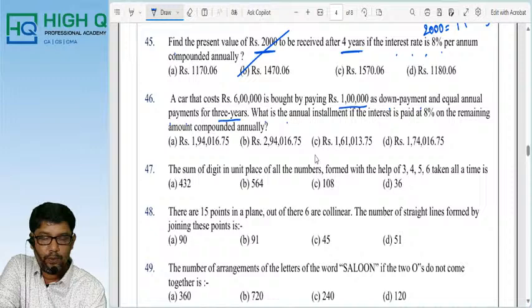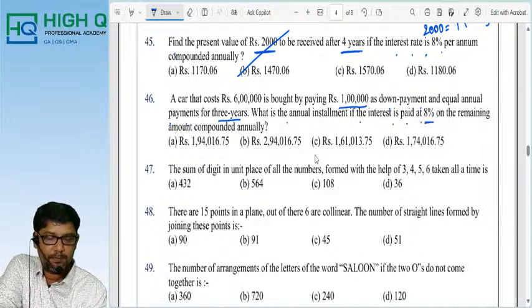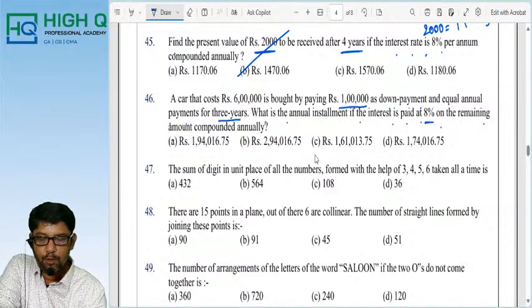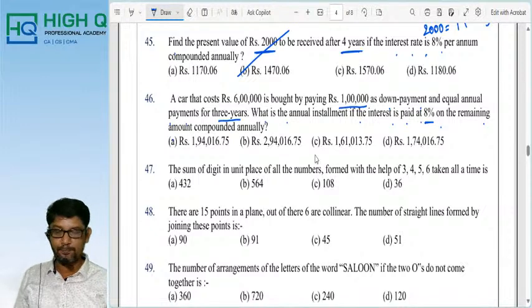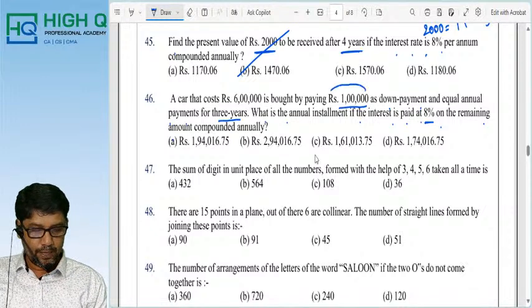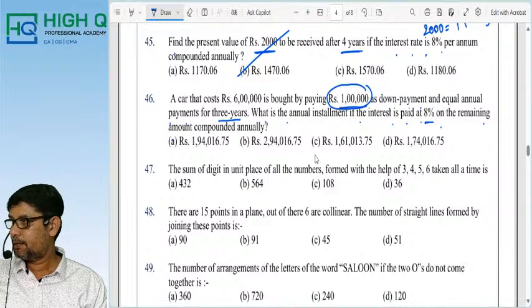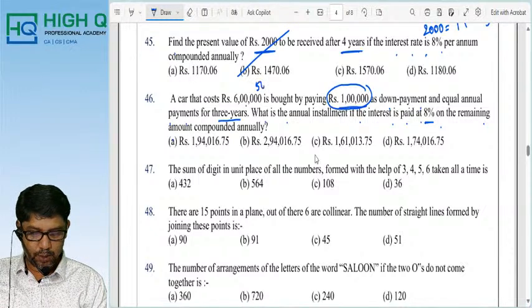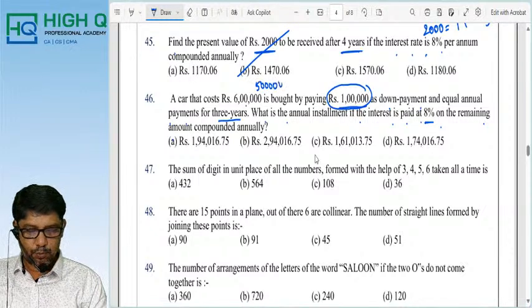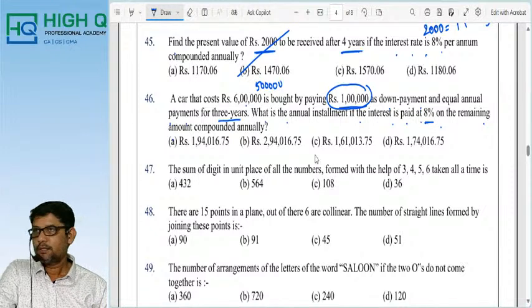What is the annual installment if the interest is paid at 8% on the remaining amount compounded annually? Listen here. 1 lakh is down payment. Am I right? So this 6 lakhs becomes what? 5 lakh. This is my present value.